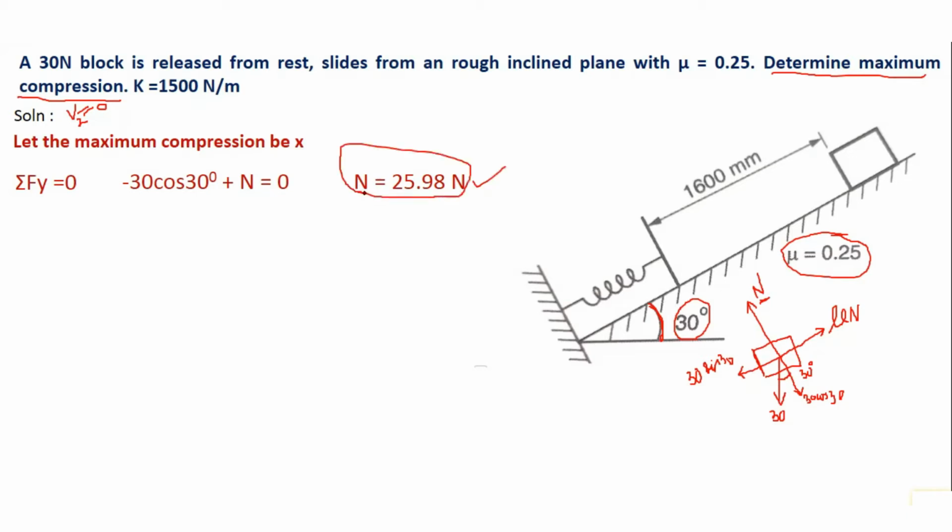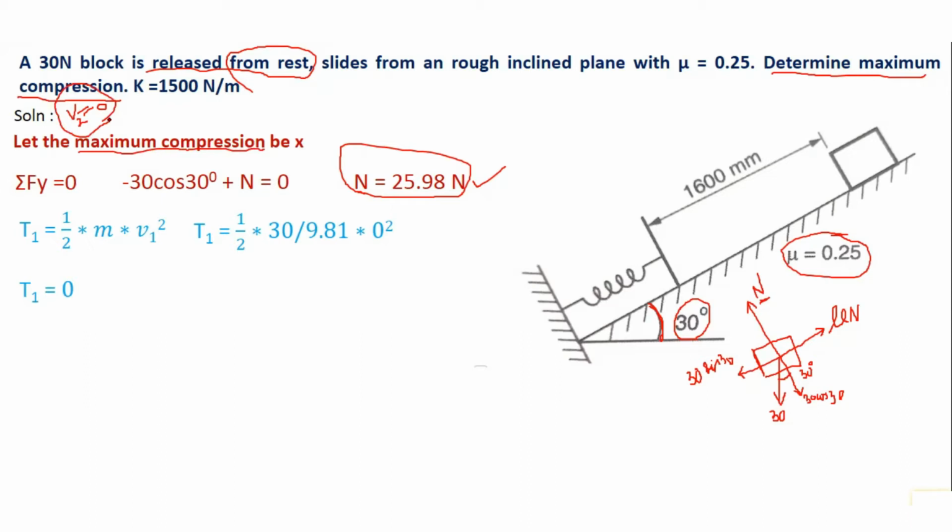Next step is to find out the initial kinetic energy. As it is given that the block is released from rest, the velocity at the initial point, v1, is equal to 0. So as v1 is equal to 0, I will write T1 is equal to 0. Also, as we have to find the maximum compression, the velocity at point 2 will also be equal to 0.